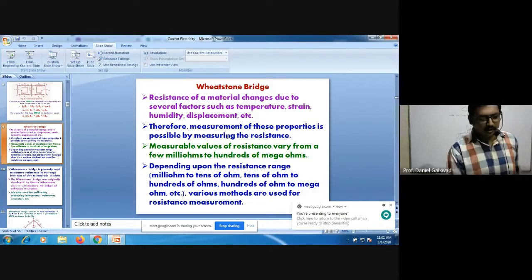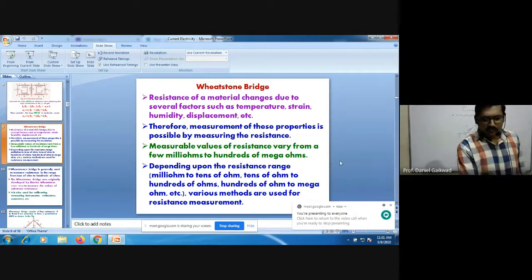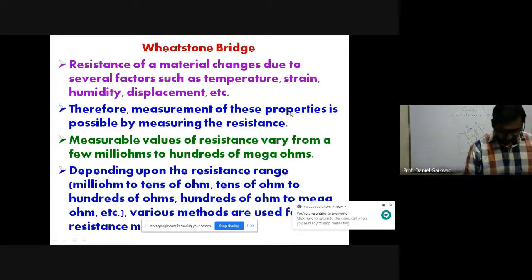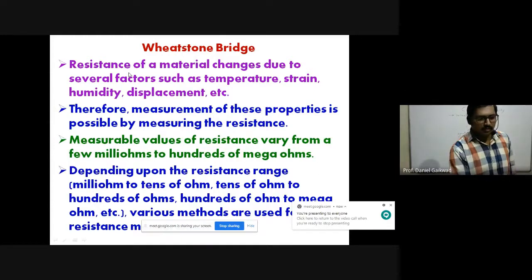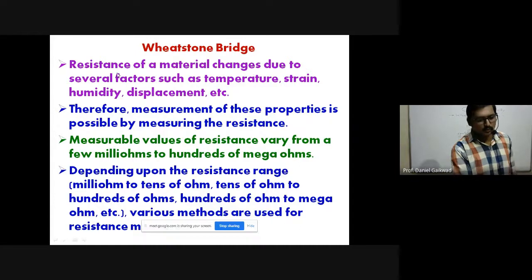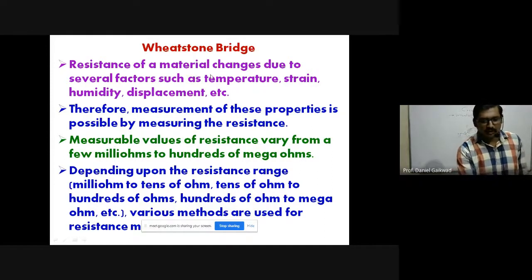Now check this slide here. Let us begin with the first point. Resistance of material changes due to several factors such as temperature, strain, humidity, displacement, etc. In the topic of Wheatstone bridge, we have an introduction of what the use of the Wheatstone bridge is.